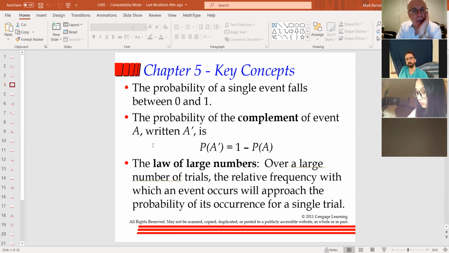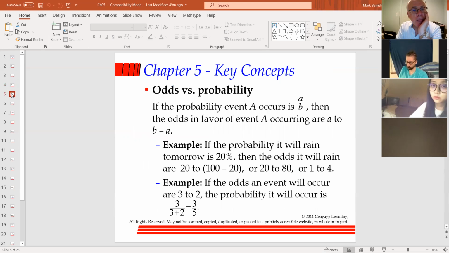I talked about the law of large numbers. Odds versus probability. This is an actual example here. So it says here, if the probability it will rain tomorrow is 20%, then the odds it will rain is 20 to 80, right? Because the denominator would be 100 minus 20, so it's 1 to 4.